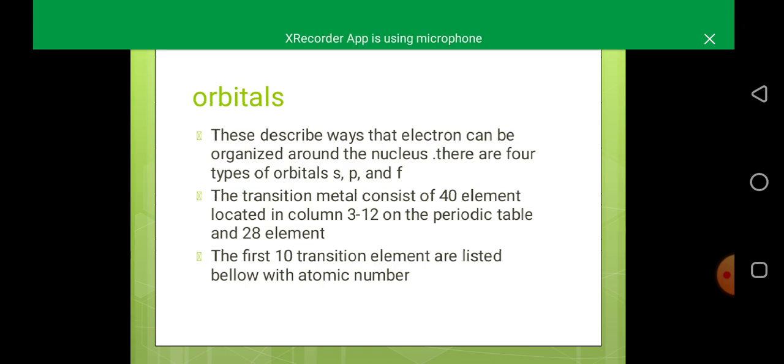According to the SS3 syllabus, the first 10 elements in the transition metals are considered.